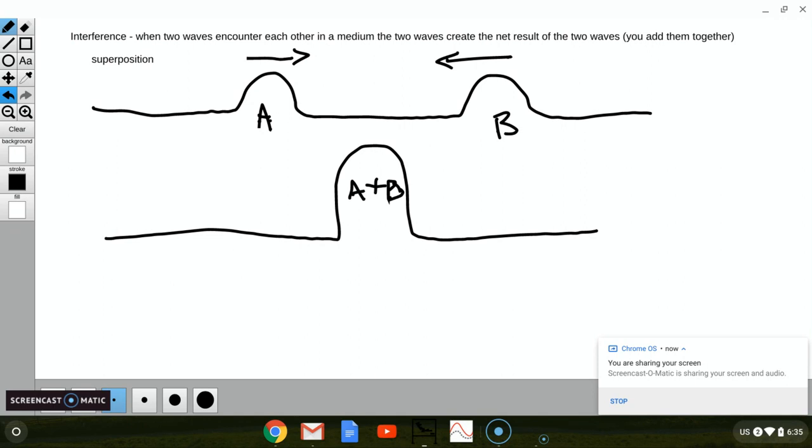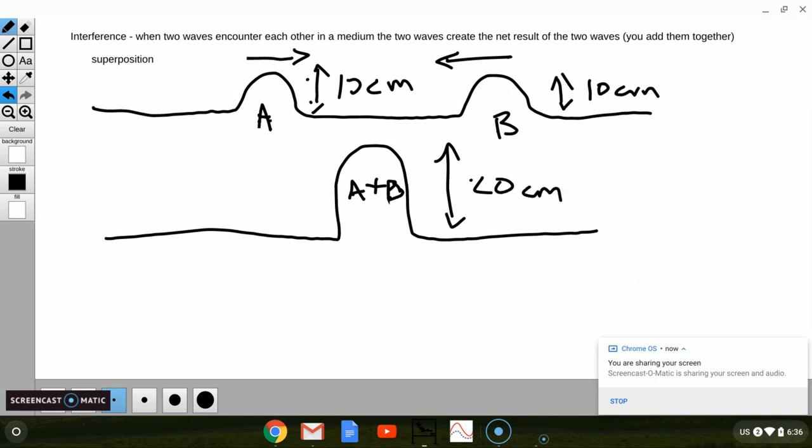So let's say that this amplitude here was 10 centimeters, and this amplitude here was 10 centimeters. It fits that this should be about 20 centimeters. It should be 20 centimeters if those are both exactly 10 centimeters.